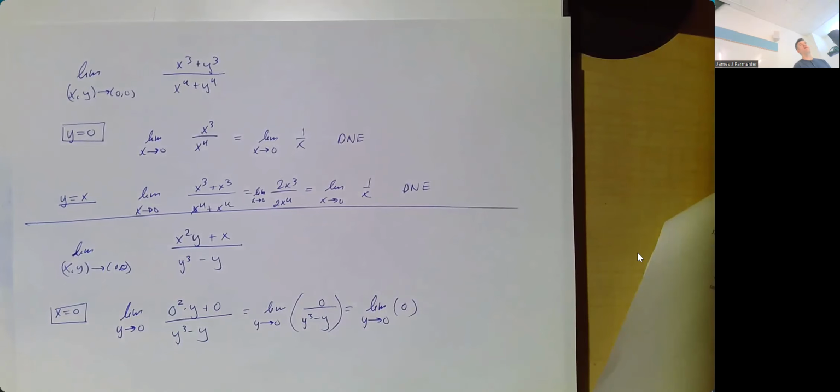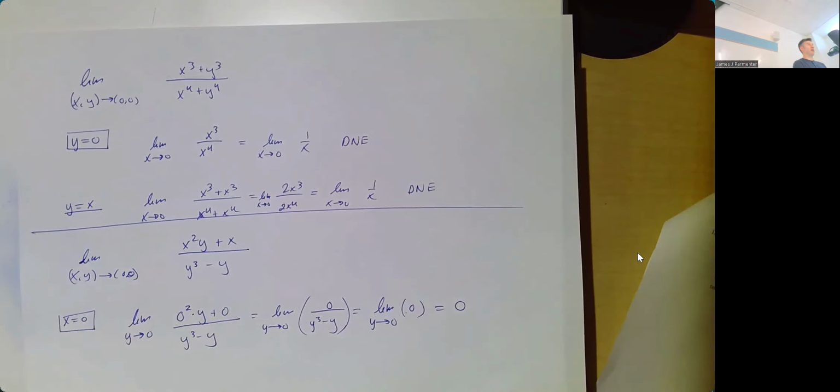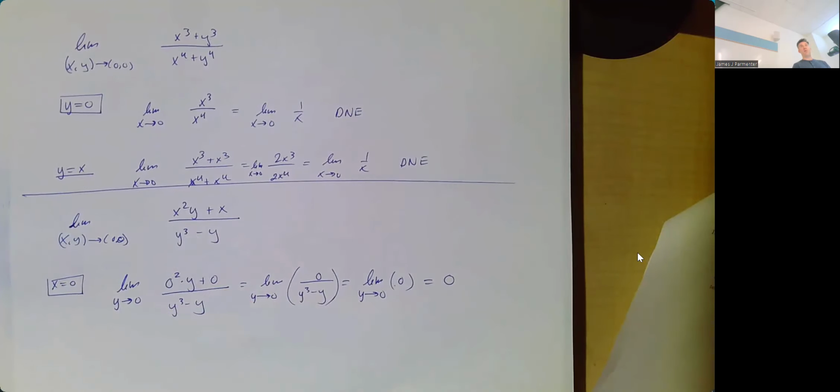That's how it often plays out when you do the path along y equals 0 or x equals 0: the whole fraction becomes 0 before you take the limit. And the limit of a constant is just the constant value. Great. Now we just have to find some other path where the limit ends up being some other value. Looking at this, I would probably try y equals x.